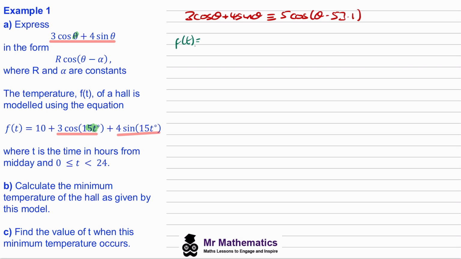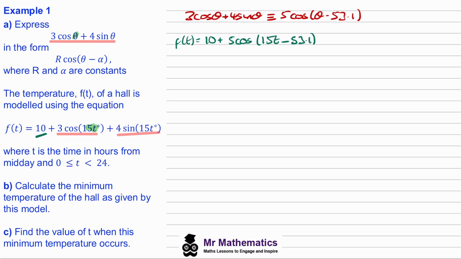So we can rewrite this function of time. This will be the 10 plus 5 cos of theta, which is 15t, minus that 53.1. So this is a much simpler way of writing this function.